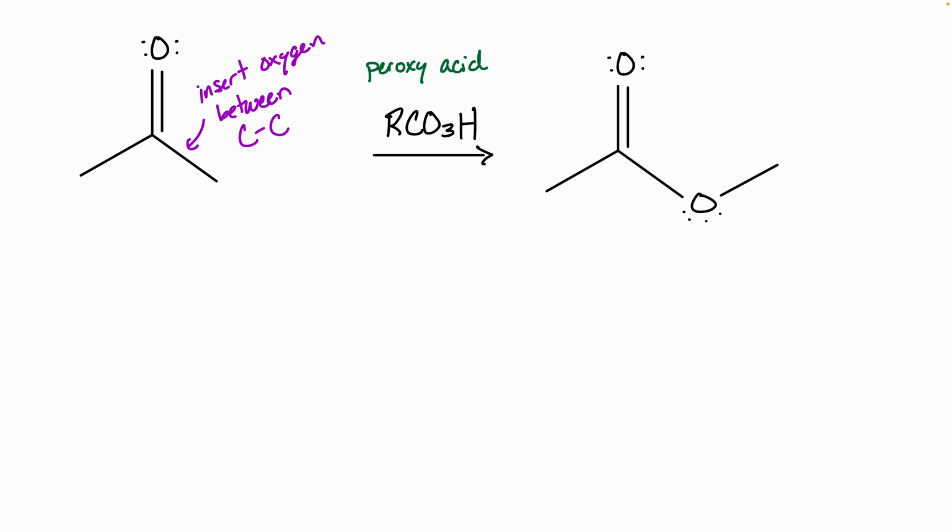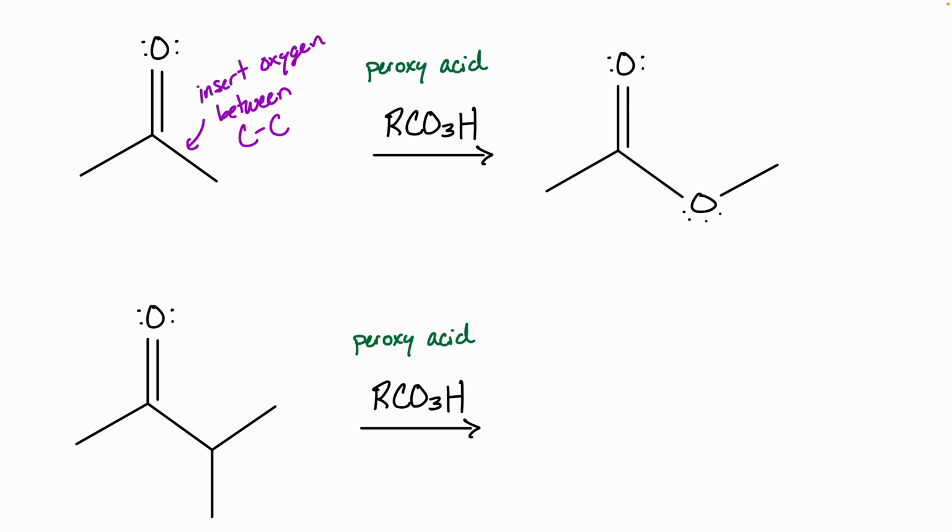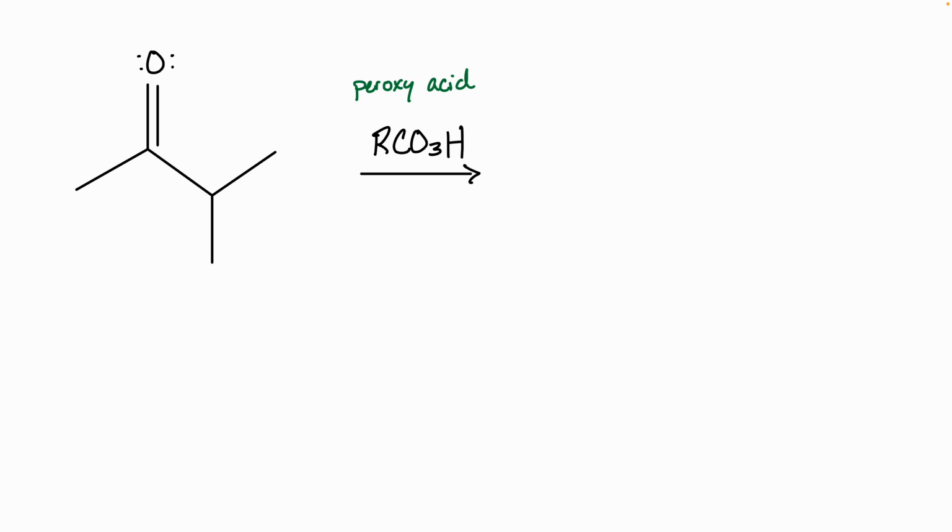But what if we have some sort of an asymmetrical ketone or aldehyde? What's going to be my ester product? In order to figure it out, and I'm not going to make you memorize this, I'm going to give it to you on a constants page here. But for these Baeyer-Villiger reactions, we have what we call a migration potential.